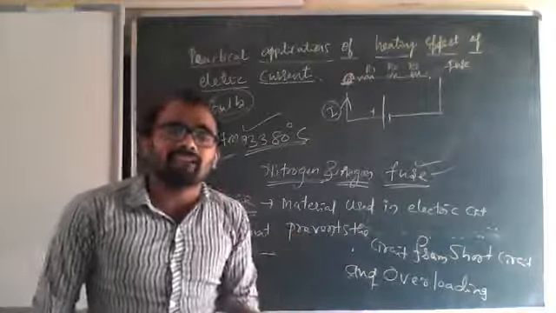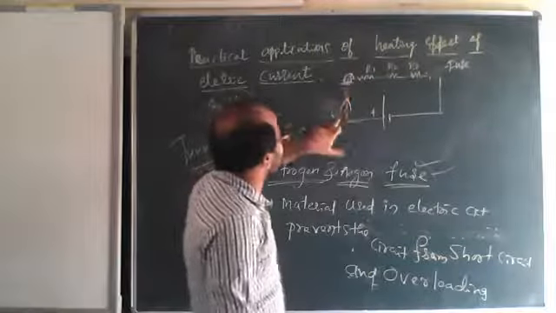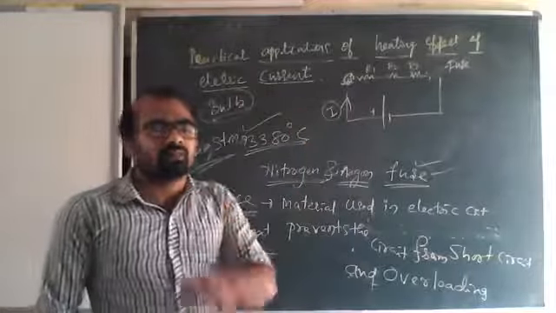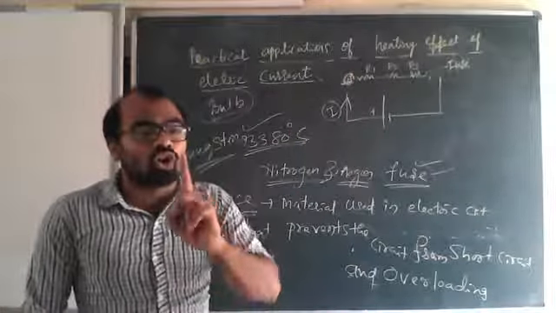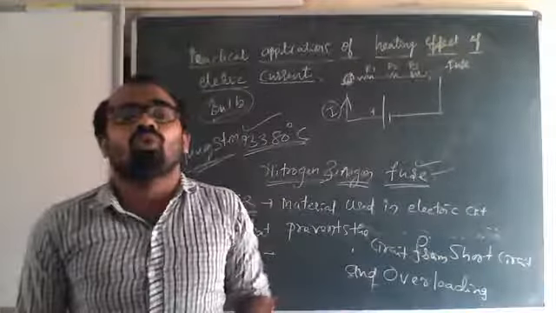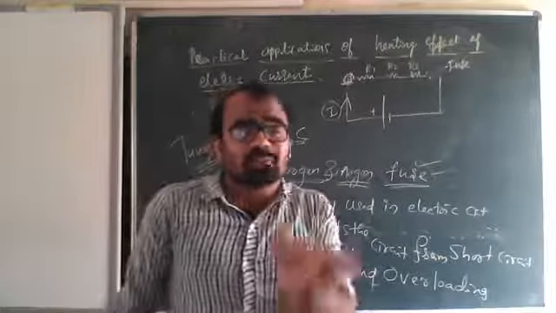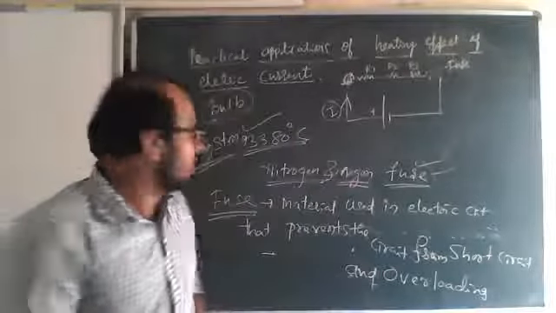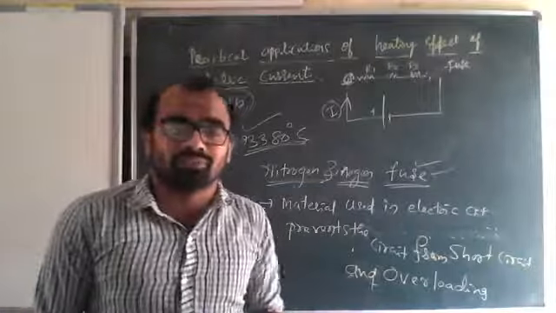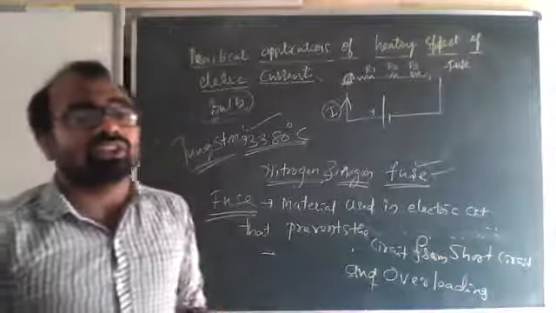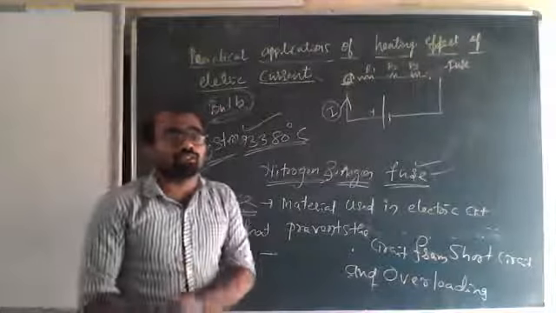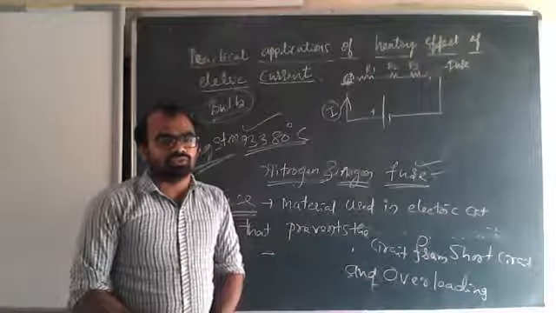When it melts, there is no path for the electric current to flow through the circuit. Remember, when the electric current does not flow in the circuit, there is no short circuit or overloading. So the fuse is the material that prevents the circuit from short circuit and overloading. This thing you should remember. I hope you all are clear with the fuse.